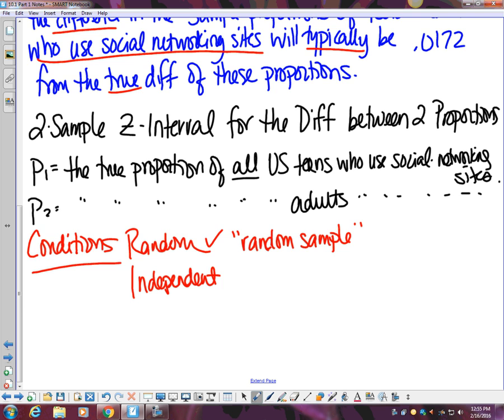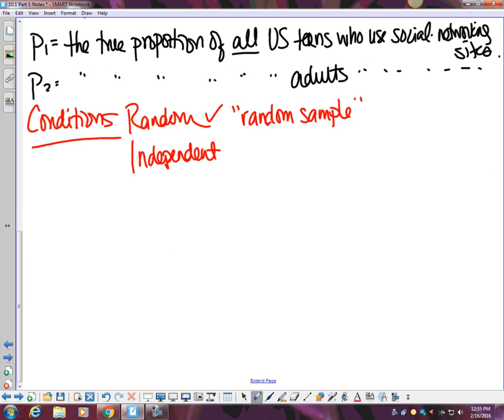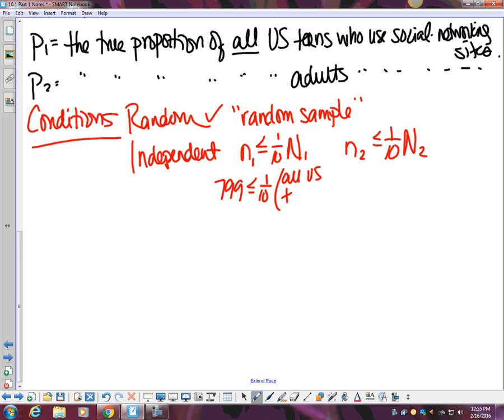independent. Okay. To test if we're independent, I need to do the 10% condition, but I need to do it for both sample sizes. So this is 799, all U.S. teens. Not all U.S. teens who use networking sites. That's your top number of your proportion. This is the bottom number.